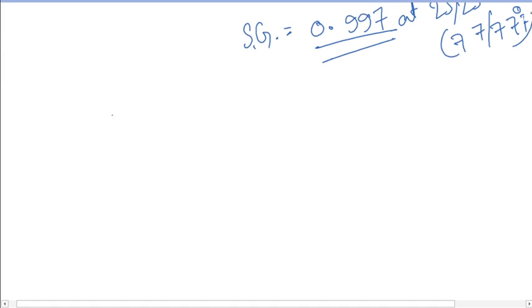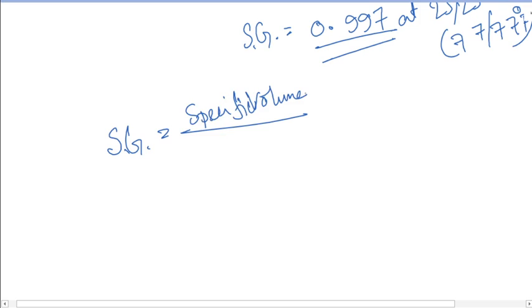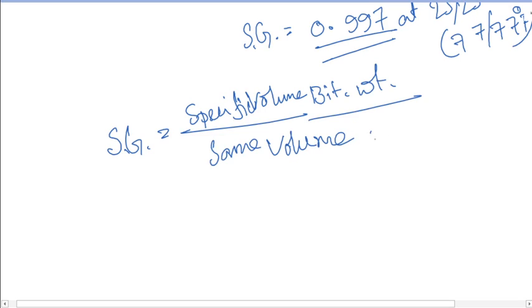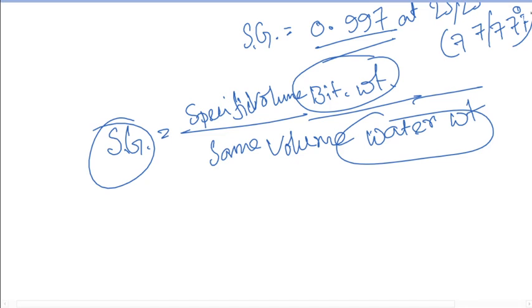So what will the specific gravity formula be? The specific volume, sorry, specific gravity: the same volume of bitumen weight with respect to the same volume of water weight. This ratio is known as specific gravity, as you know.